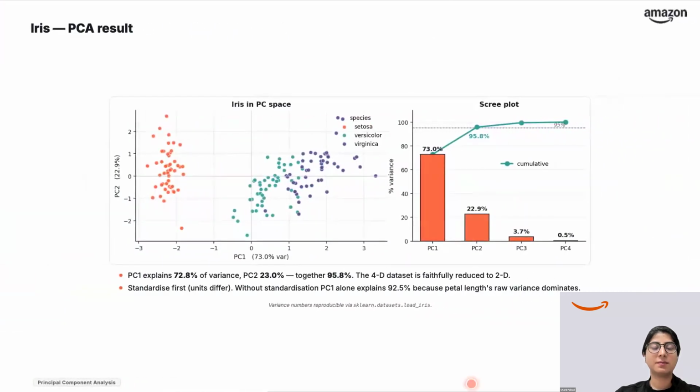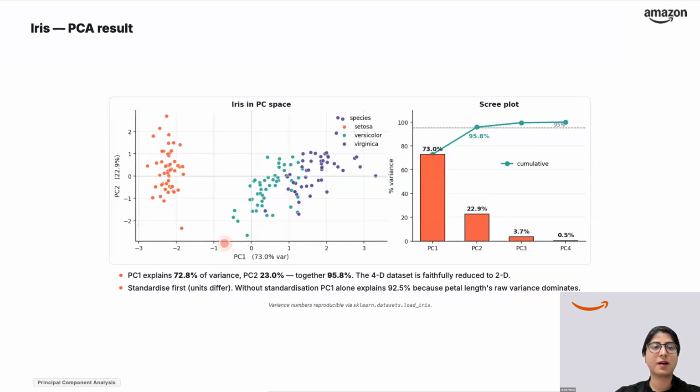So if we do PCA on that data set, what we see is that principal component one carries the majority of the variance, which is around 73%. And if we add the second principal component, that has increased to 95%.